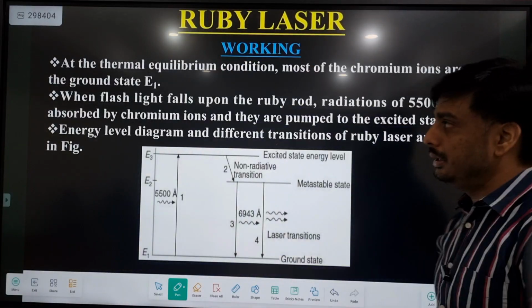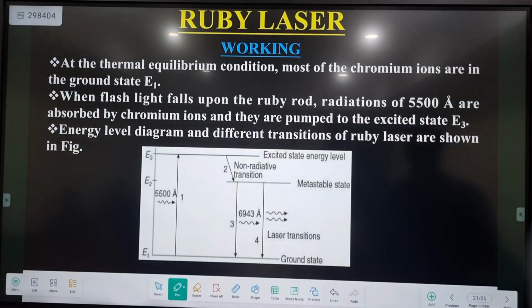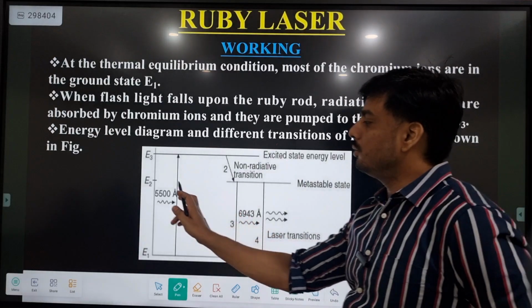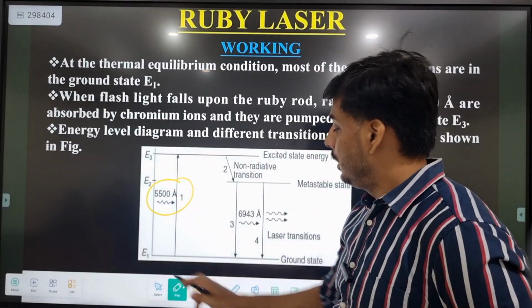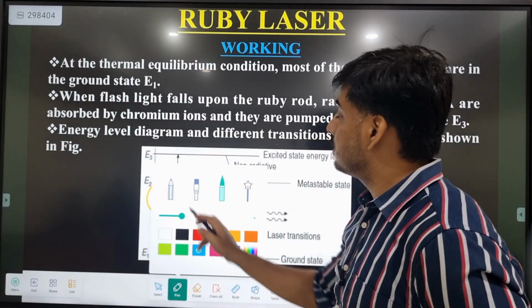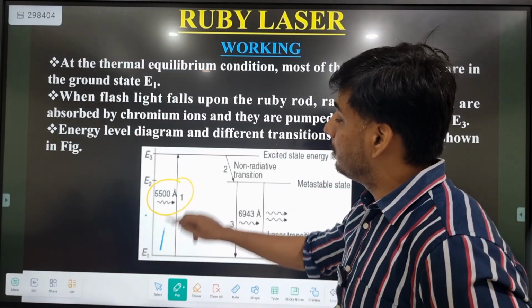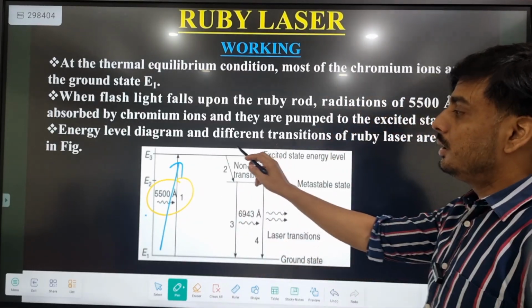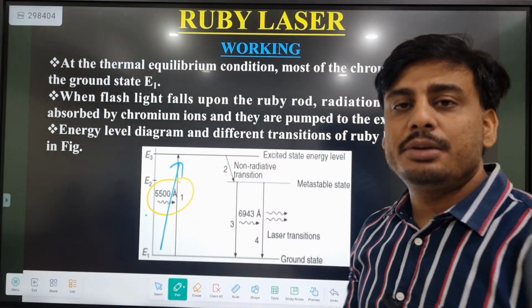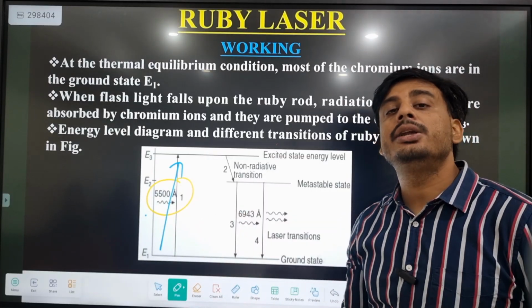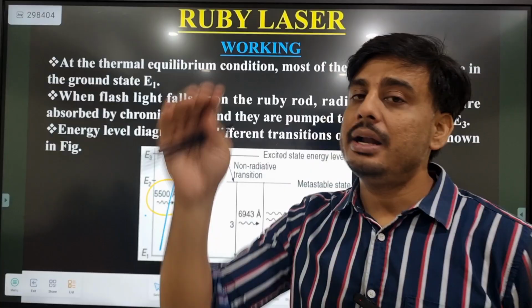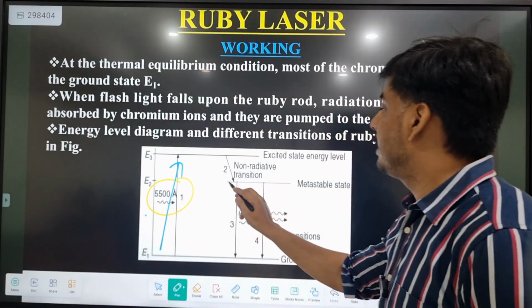Then the working principle. When general light falls on the particles present in the ground state, or E1, the wavelength of the light is represented here. This amount of light is sufficient to move the particle from E1 directly to E3. In E3, they are in a higher excited state, which means they are unstable. Due to this unstable nature, they lose some energy through collision and slightly come back to E2.